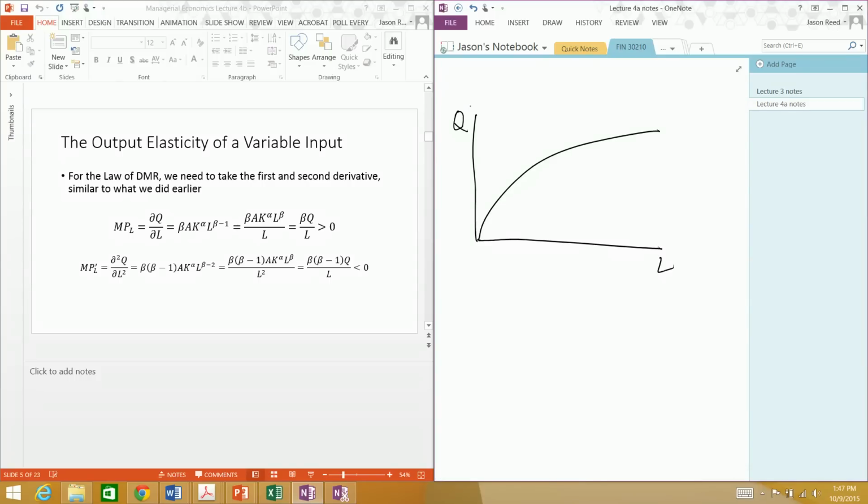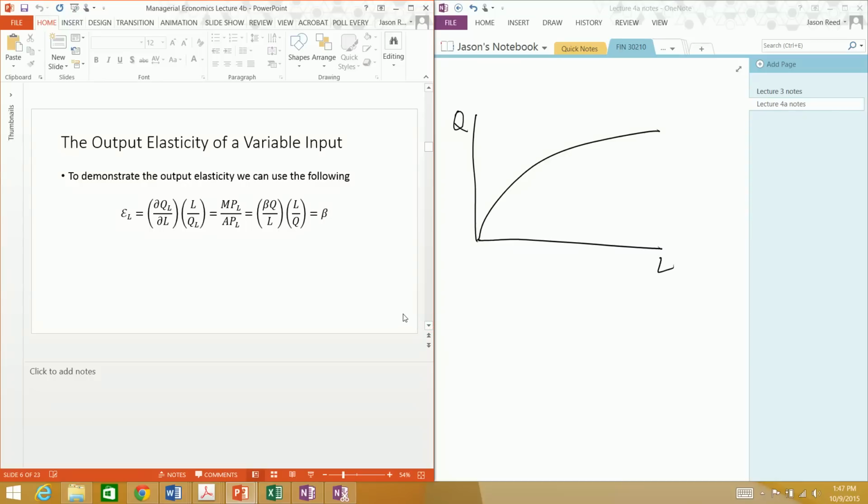So now, how can we take this forward? How can we use what we've just defined here in terms of marginal product with our elasticity measurement? We know the formula for that, and so we're going to use that very nicely here. We're going to input our marginal product, which is beta Q divided by L, multiply that by L over Q, and then we simplify just to get beta. So what does this tell us?